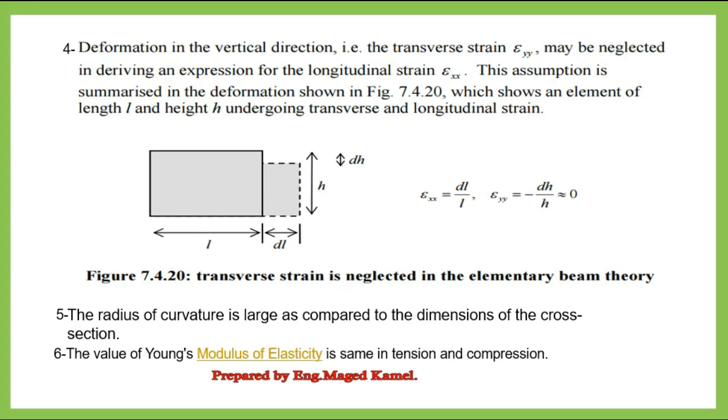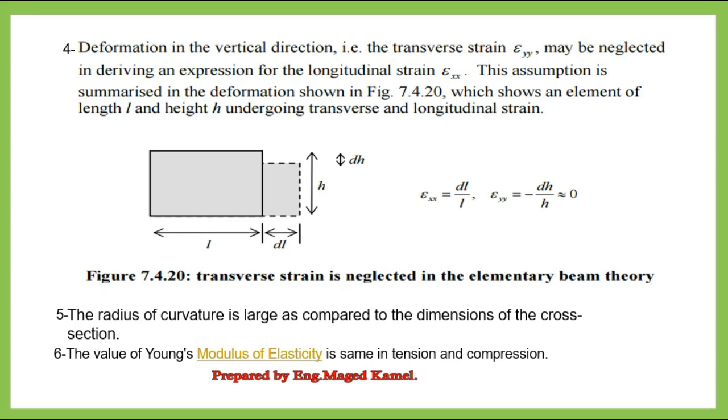This transverse strain in our case will be represented by delta h over h, and it will be negative, while the longitudinal deformation will be the extension of length divided by the original length. The extension will be represented by delta L over L, which will be positive. Epsilon yy we consider to have a small value and it will be neglected.